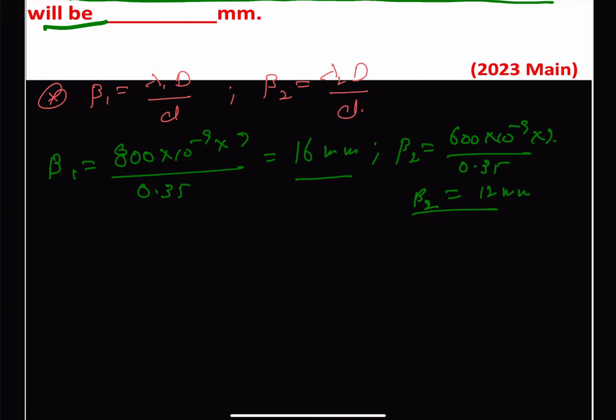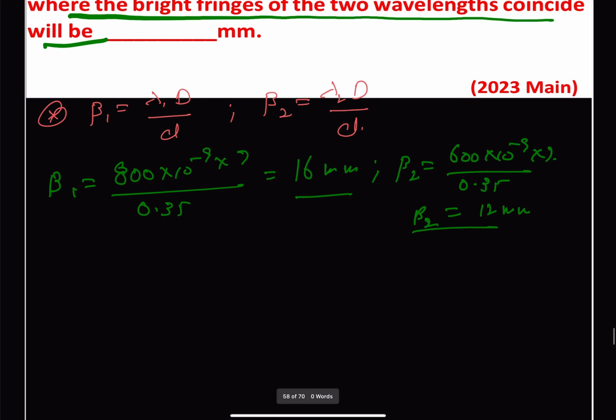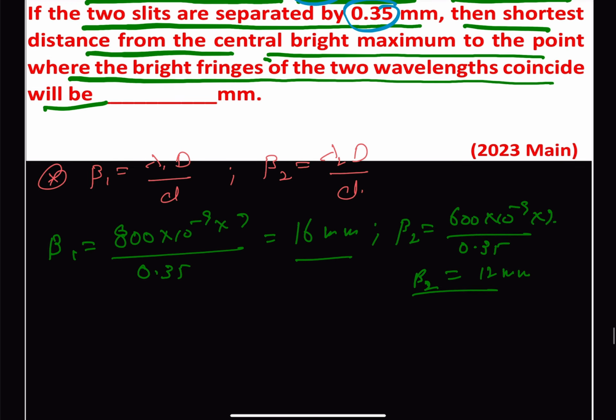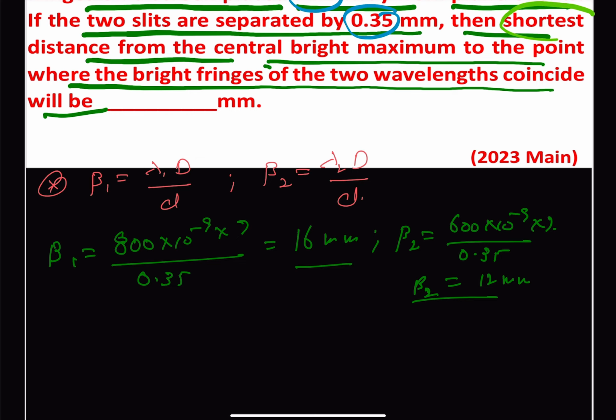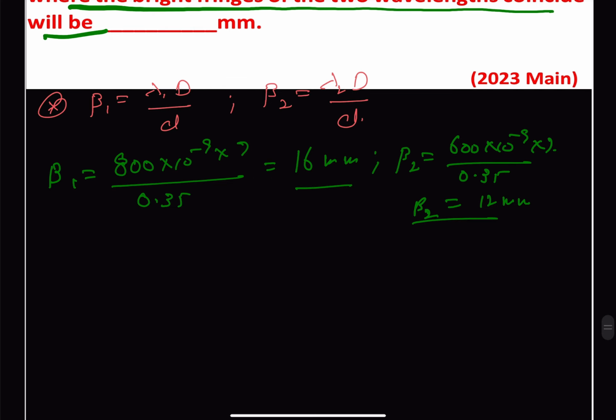And we need to find out the smallest, you can say the shortest distance. So for the shortest distance, we find out the LCM between these two values, 16 and 12.